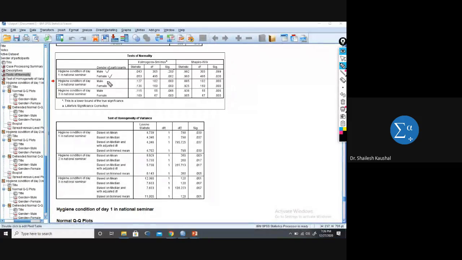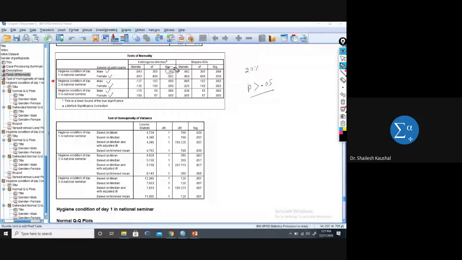For Day 2, two normality results, one for male, one for female. So is the data normal for male participants or not? We can see this. Yes, because the p value is greater than 0.05, it is more than 5%, meaning 20%.